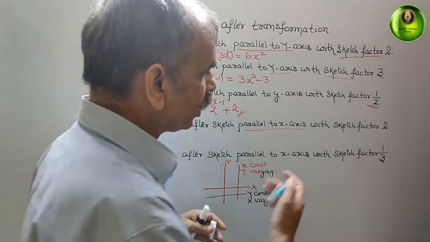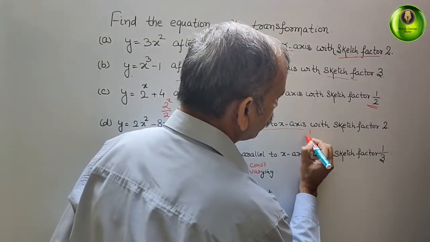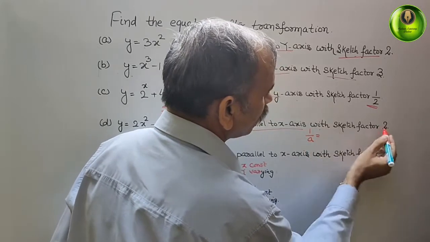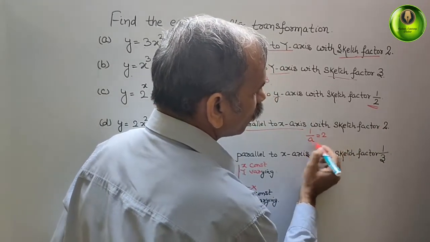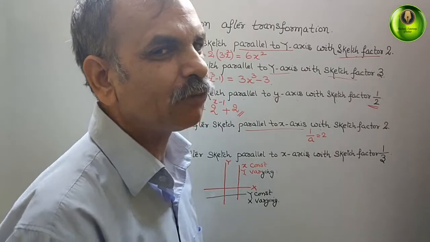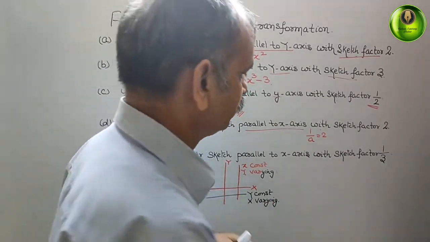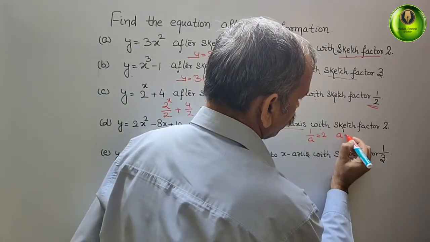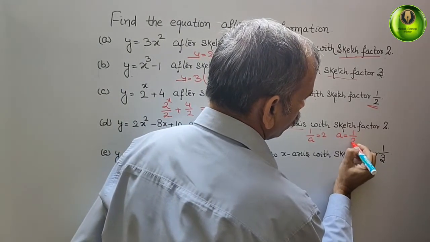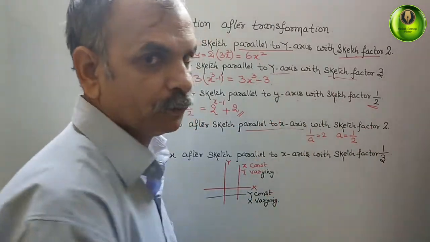So we will get 1 by a is equal to, they have given 2. So if you cross multiply, you will get 1 is equal to 2a. So what is your a? A is 1 by 2.